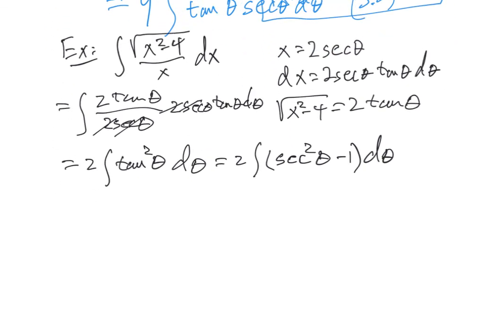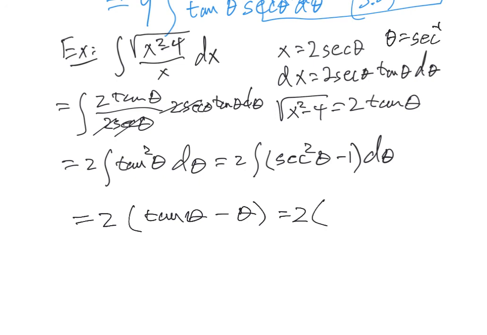And now it's obvious in terms of theta. The antiderivative of secant squared is tangent. The antiderivative of 1 is theta. And now to get the original variable back, if I solve for theta, divide by 2, I get the inverse secant of x over 2.